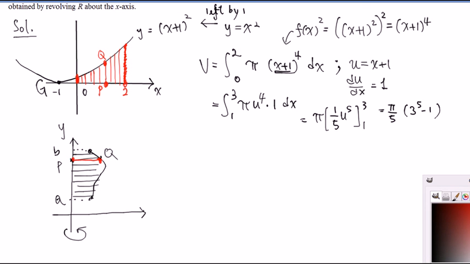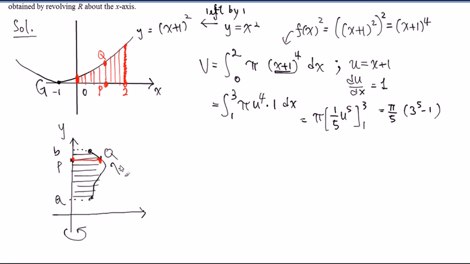Do you need to know x coordinates or y coordinates of P and Q to compute the area of a disk that is obtained by rotating the segment PQ? Do you need the x coordinate or the y coordinate? The x coordinate, right? The segment moves horizontally, so it's the x coordinate of the other one. So you want this formula in this form.